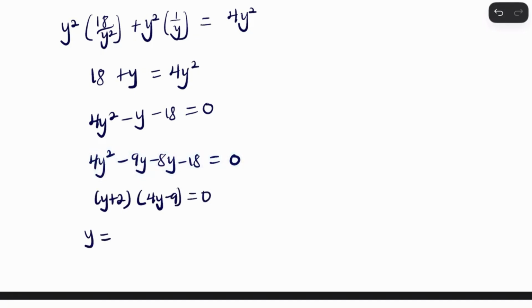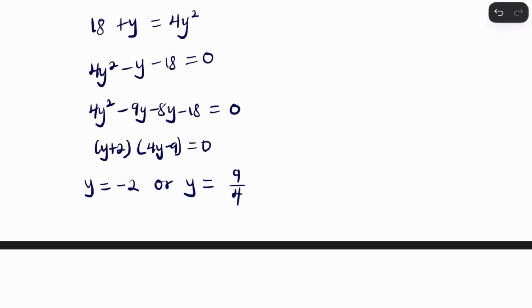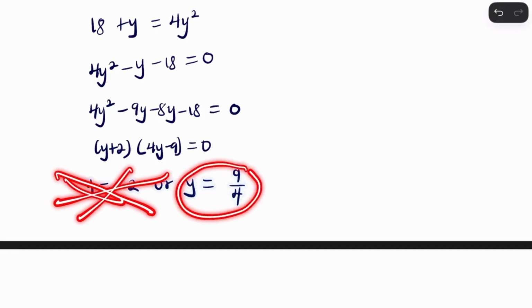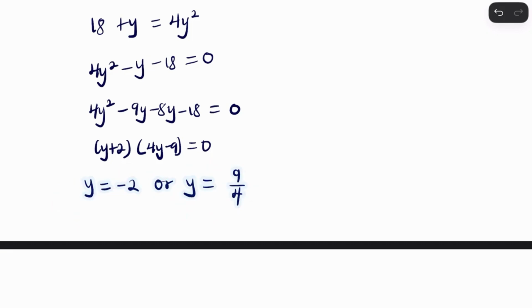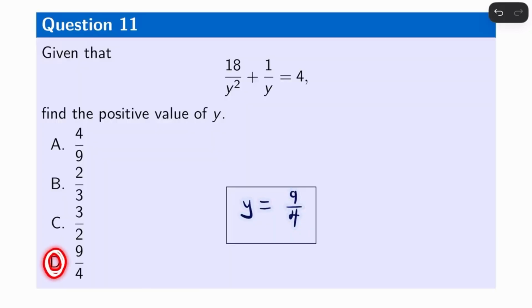So that's y is equal to minus 2, or y is equal to 9 on 4. But since we are interested in only the positive values of y, we are going to discard this. So here our answer is y is equal to 9 on 4. Thus the correct option is option D.